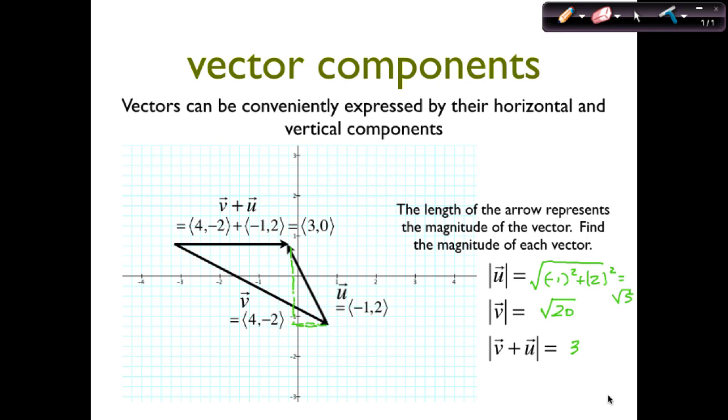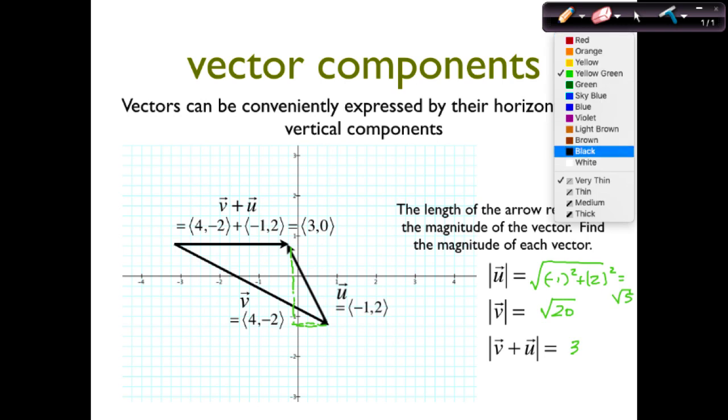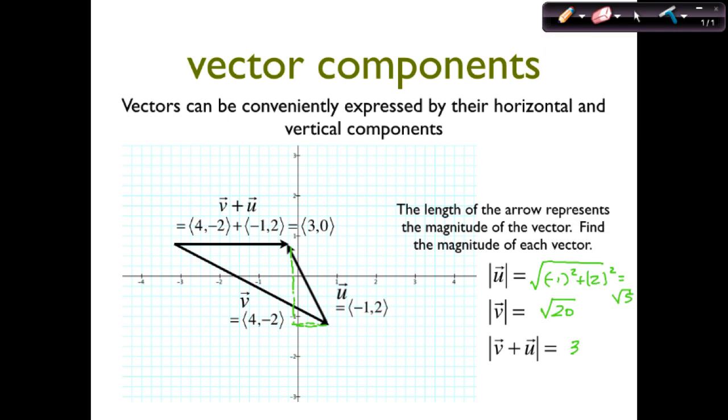Okay, so then given any general vector, let's call it V, what would the magnitude be? Right, so you think of these as the 2 legs of your triangle. Use the Pythagorean theorem, and that's your general formula for the magnitude of V. And then when you do that, you just get a number, right?